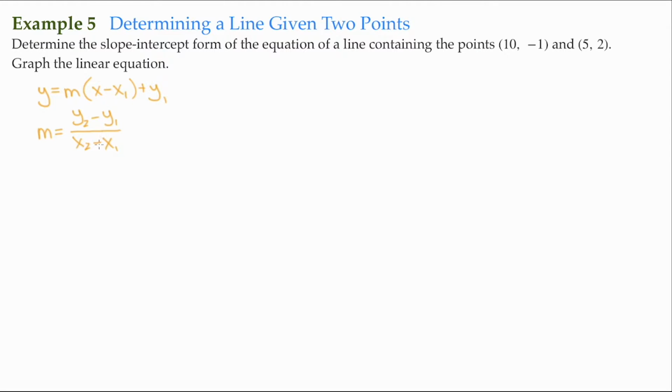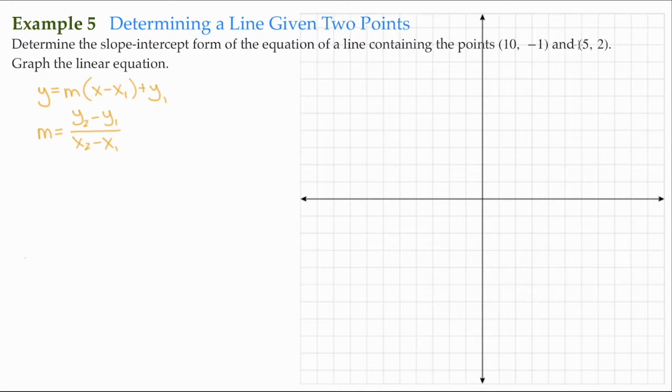We're going to use these points to help determine our slope. But before we do that, let's take a look at what the graph looks like. Since we have the 2 points, we can graph it without actually having to come up with the equation for the line. As you see here, we have (10, -1). If this is our origin here, I'll go 1, 2, 3, 4, 5, 6, 7, 8, 9, 10, and then down 1.